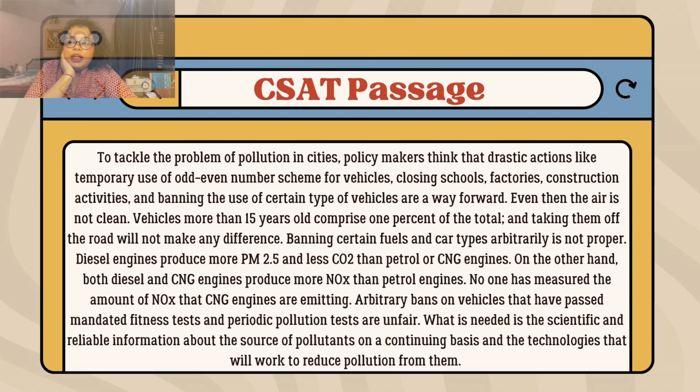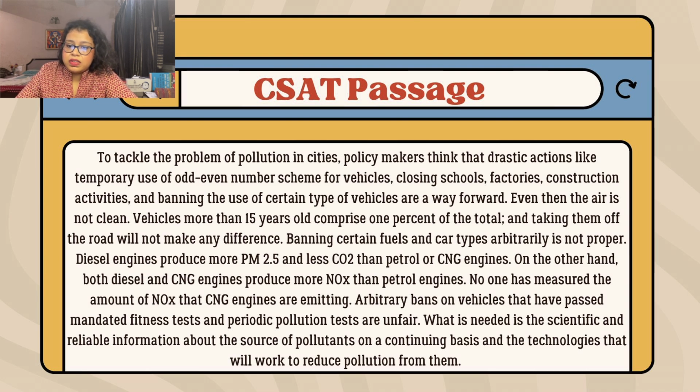Let's look at the passage that I have found for this. To tackle the problem of pollution in cities, policymakers think that drastic actions like temporary use of odd-even number scheme for vehicles, closing schools, factories, construction activities, and banning the use of a certain type of vehicle are a way forward. Even then, the air is not clean.